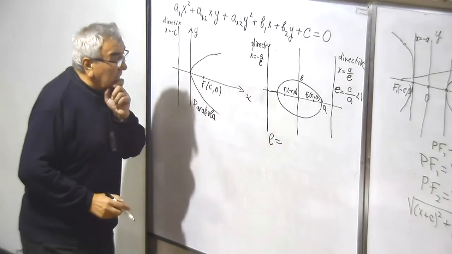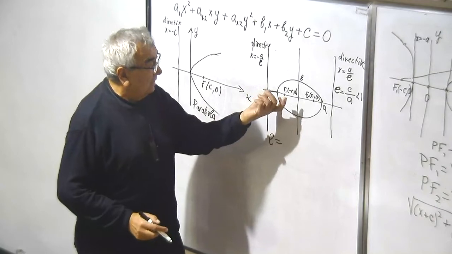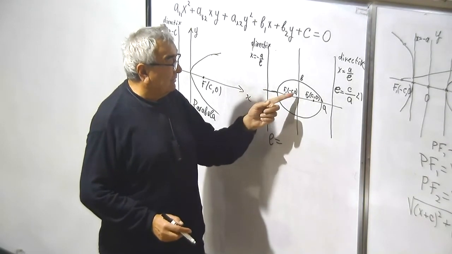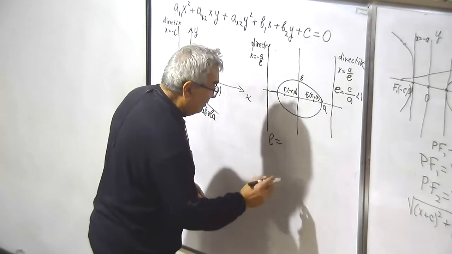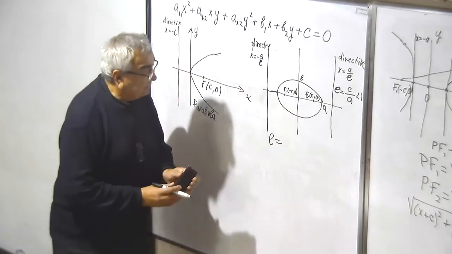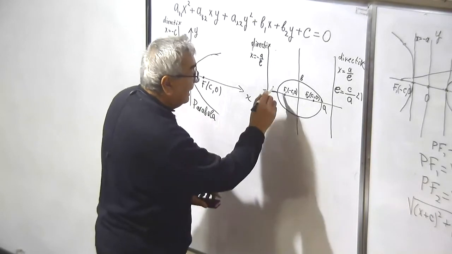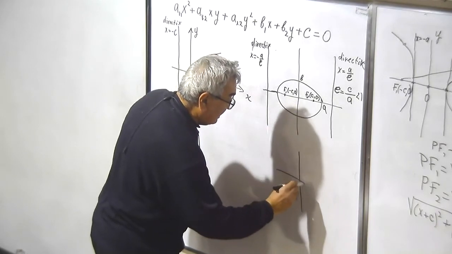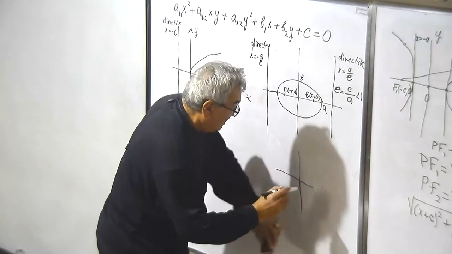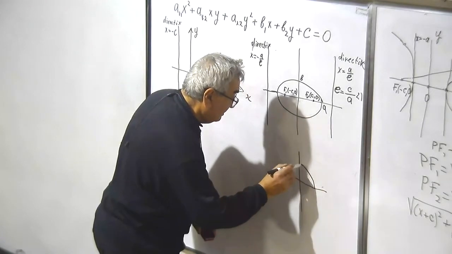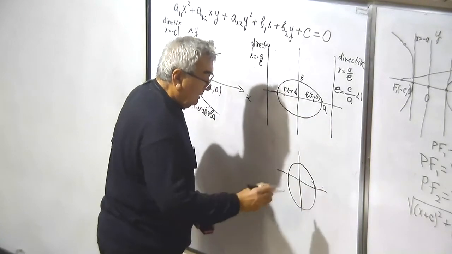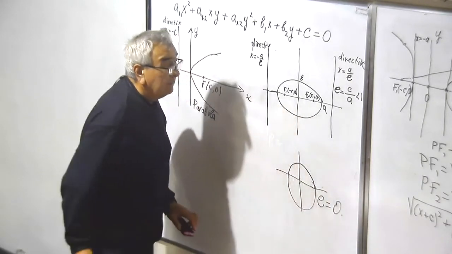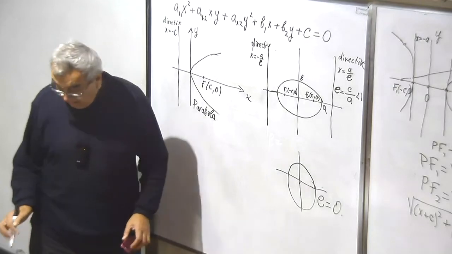Very interesting: when the foci coincide, they will be at the origin, and the ellipse degenerates into a circle. Here, for the circle, eccentricity equal to 0.